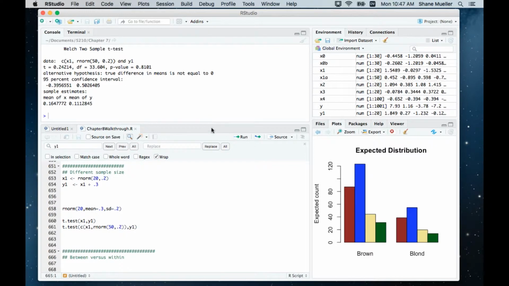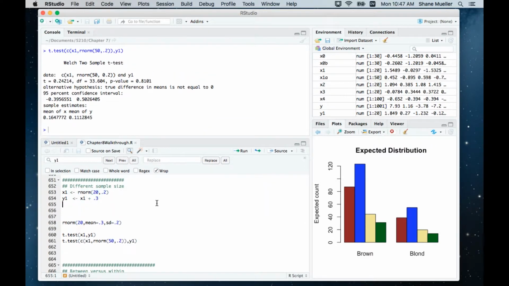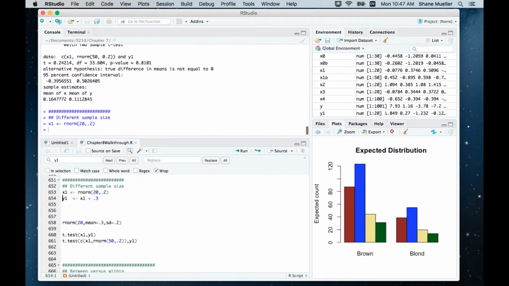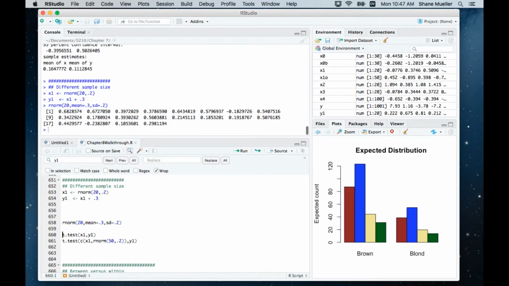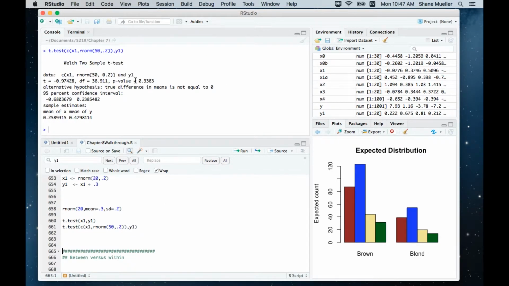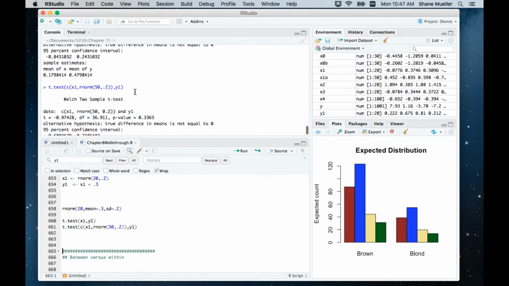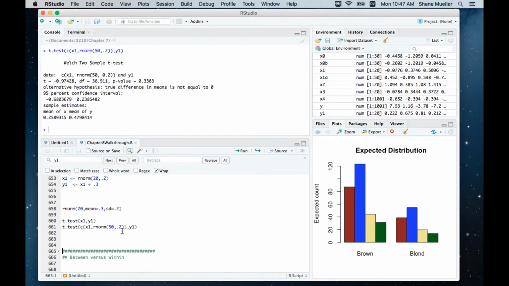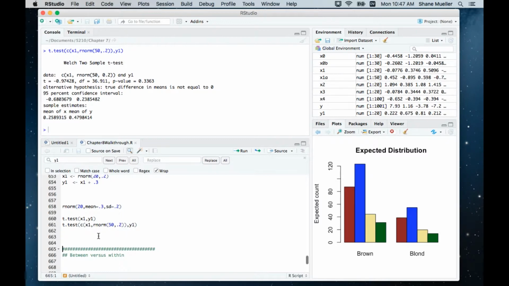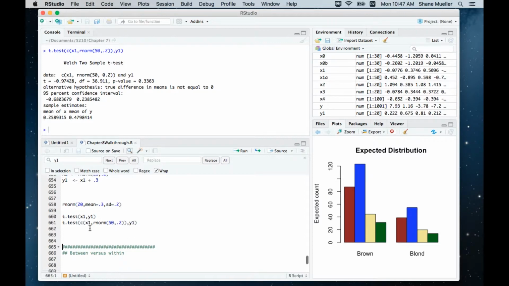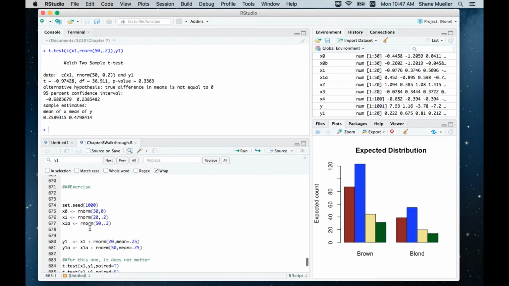In this case, adding more to the one set didn't make a difference, but sometimes it would. And sometimes it would make it stronger, and sometimes if you don't have an effect, collecting more data in the other one will make you more convinced that there is an effect. But the t-test itself, if it's not paired, it allows you to have different sample sizes. I guess we've looked at that already.